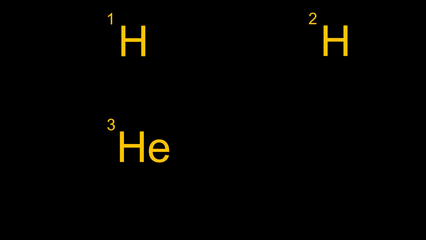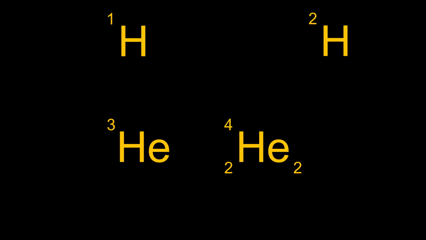And then our final isotope that we have to worry about in this unit is helium 4. Now you can probably figure out what it's got in its nucleus. 2 of the nucleons are going to be protons. If it wasn't 2 protons, it wouldn't be helium. And the other 2 are going to be neutrons.